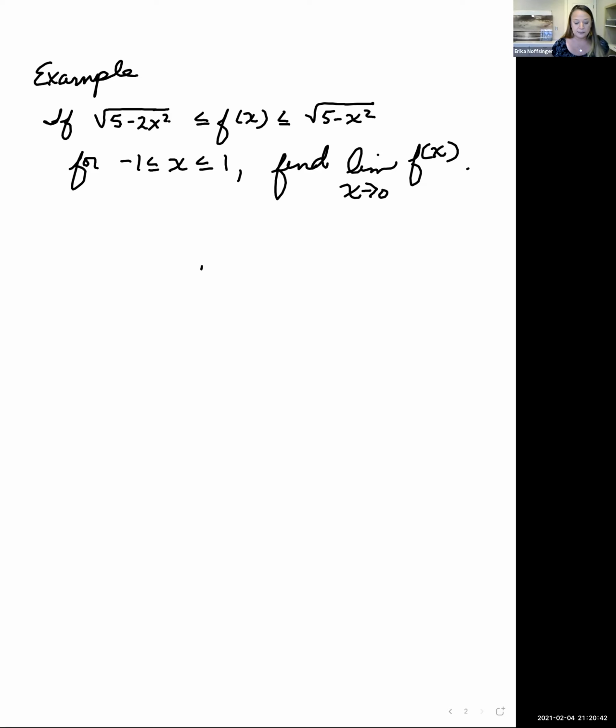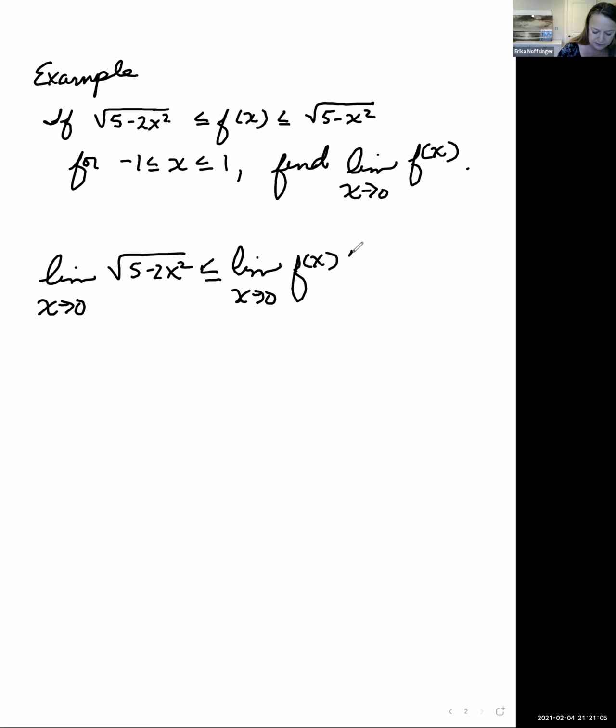Okay, so let's just take the limit as x approaches 0 of our function on the left and the one on the right. Let's just write it all out. The limit as x approaches 0 of the square root of 5 minus 2x squared is less than or equal to the limit as x approaches 0 of f of x, which is less than or equal to the limit as x approaches 0 of the square root of 5 minus x squared.